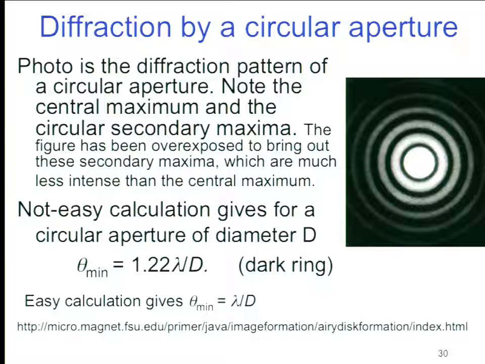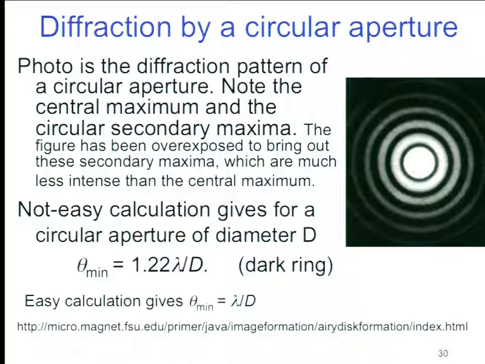Because if you had a slit and the light's coming in, we have the Huygens principle where the waves go out from every point on the wave front, and you get a minimum. Again, we're using the same trick.